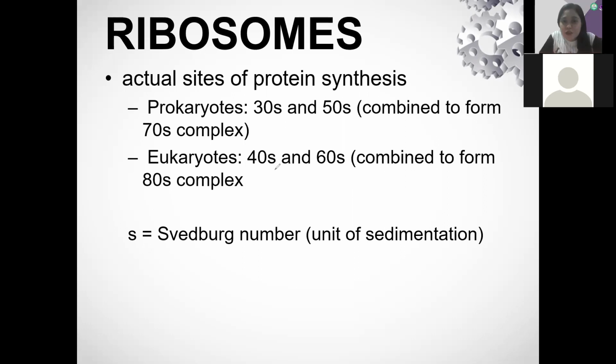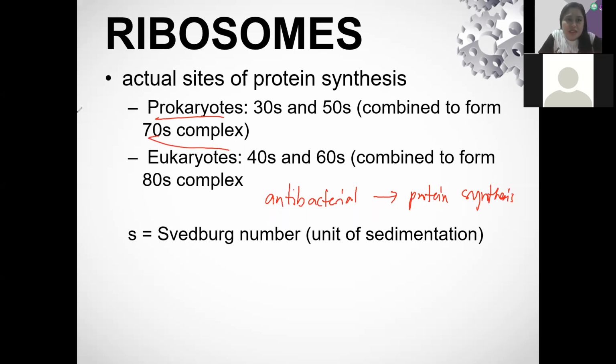So this is the reason why, class, if we consume an antibiotic or an antibacterial which targets the protein synthesis of the bacteria, our own protein synthesis will not be halted, will not be stopped. Why? Because we have different ribosomes with that of the bacteria, which are under the prokaryotes. Ang sa kanila, 70S.